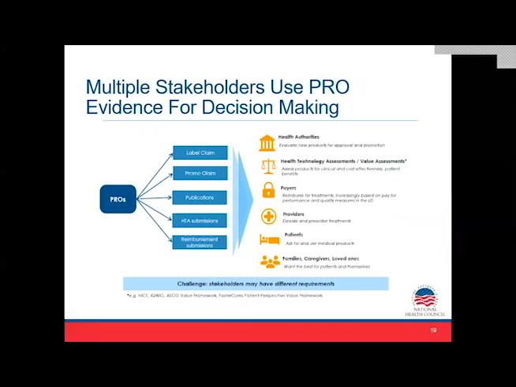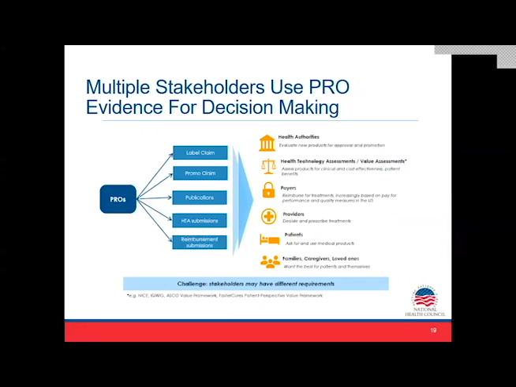So there's a diverse group of stakeholders, starting with health authorities. And then there are the health technology assessments, or the value assessors in the U.S., the payers, the providers, the patients themselves, and their families and caregivers. And so the concept here is that the patient-reported outcomes are being used by these different groups, different decision-makers, for their own needs.